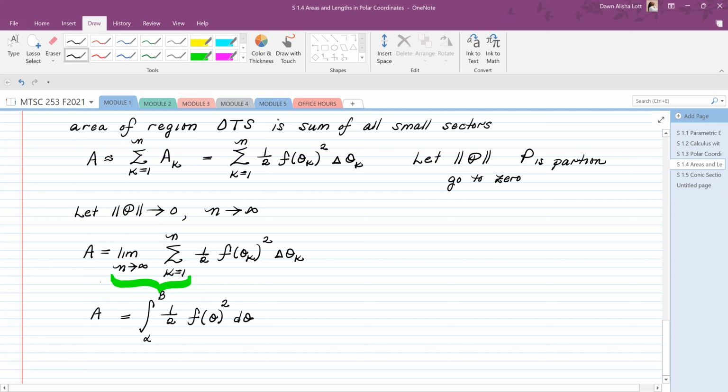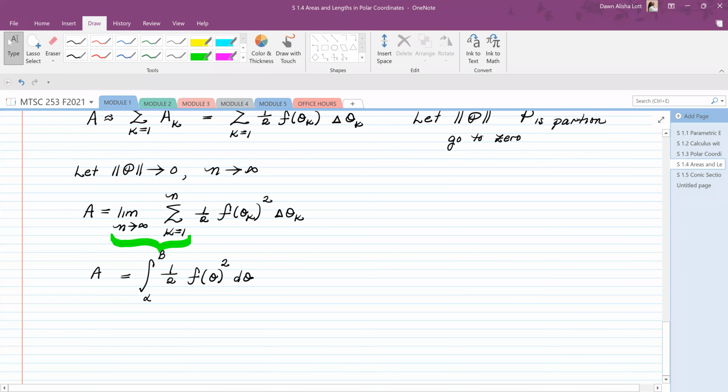And that's the area. Or you may see integral from alpha to beta of 1/2 r squared d theta. Now that looks like what we did in Calc 1.